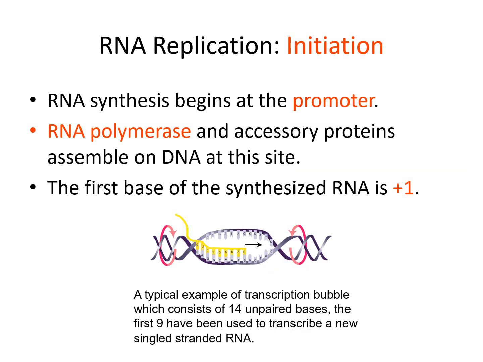So for the initiation, the RNA synthesis begins at the promoter, and the first base of synthesized RNA is +1. As you can see here, we have the transcription bubble. A typical transcription bubble consists of 14 unpaired bases, and the first 9 have been used to transcribe new single-stranded RNA.